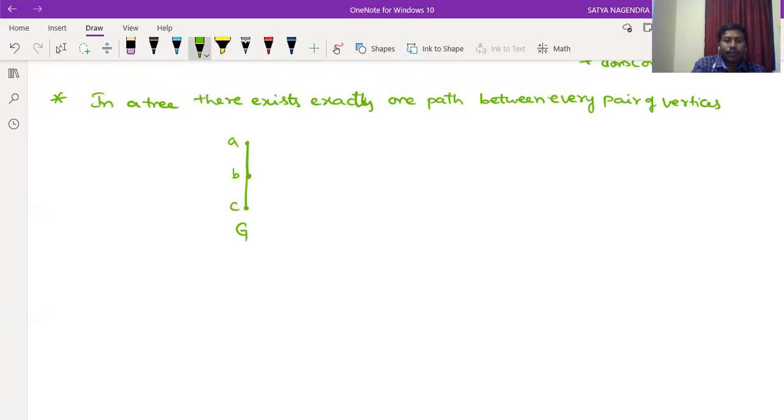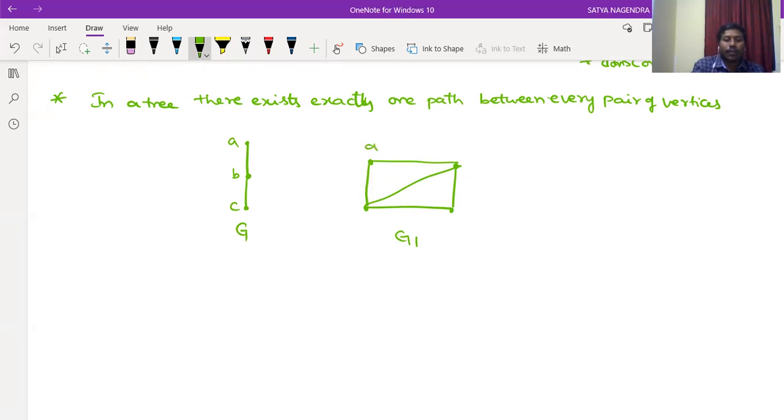But if you take some graph like this, which is not a tree, see, this is some other graph.